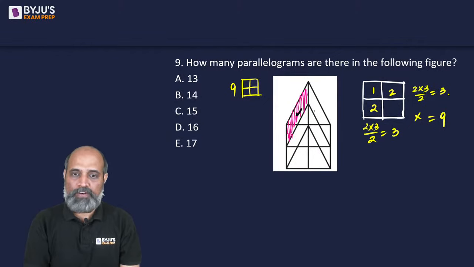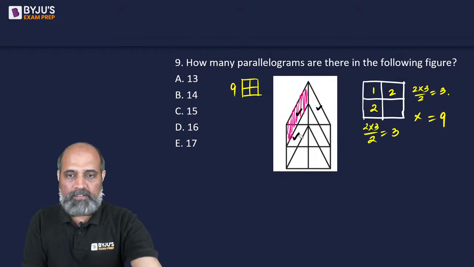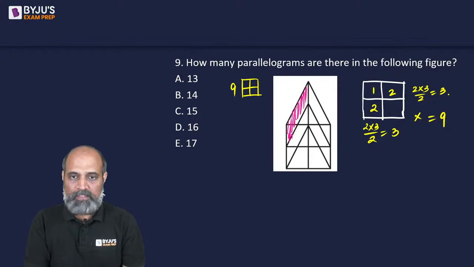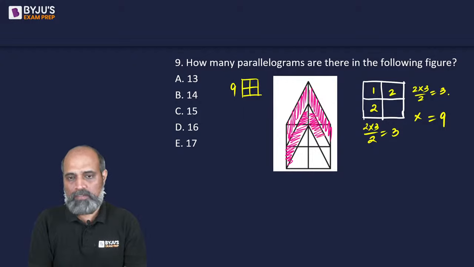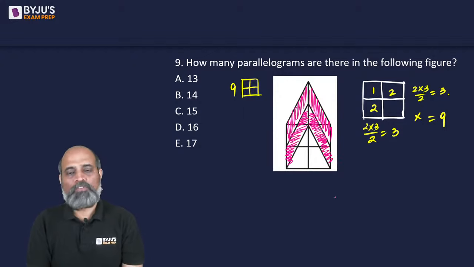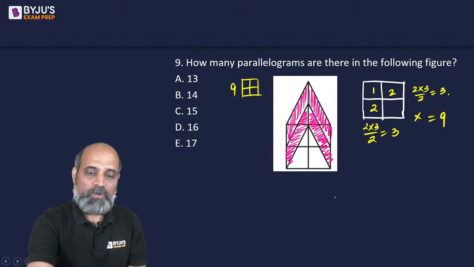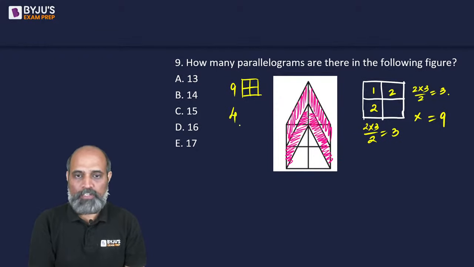So we're going to have 1 2 3, 3 as in, okay, let me shade it. 1, 2, 3, 4, right? So I get 4 figures which look like this.